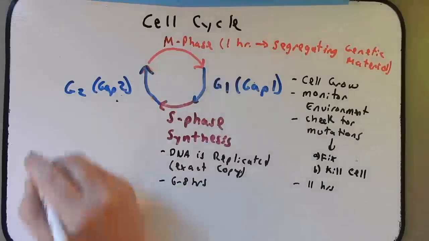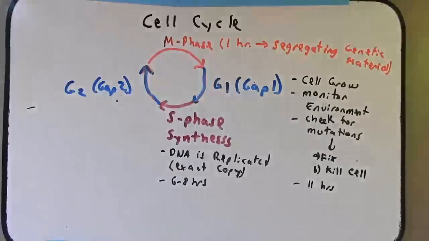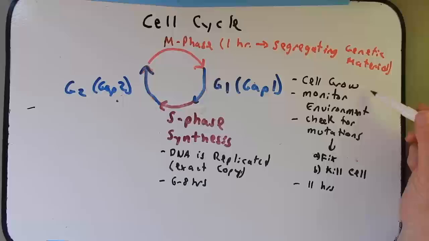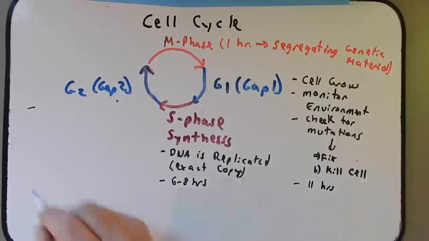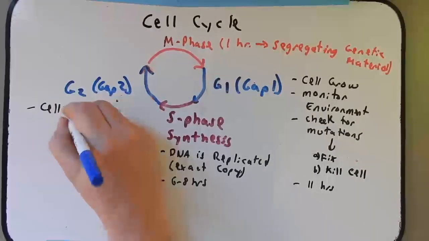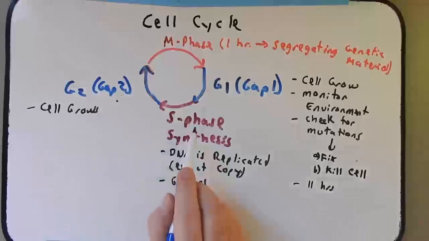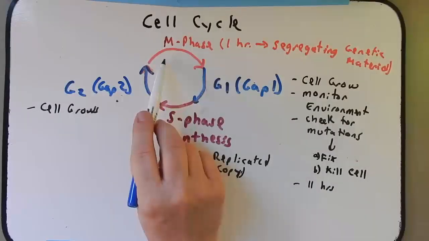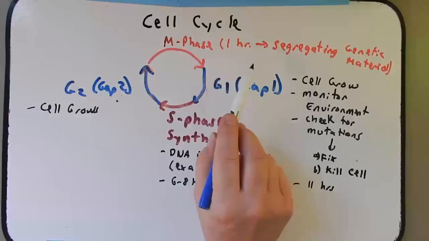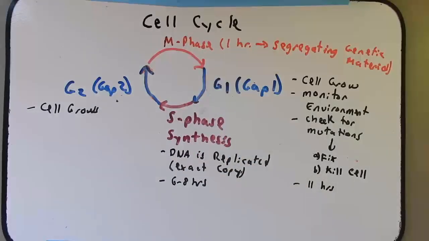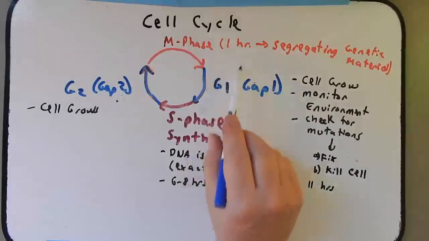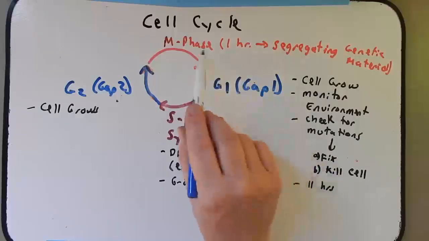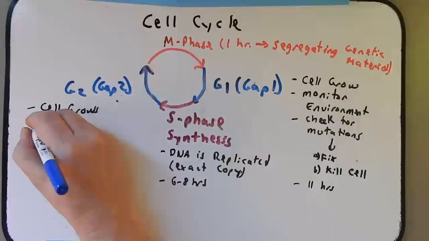So let's talk a little bit about G2, our second gap. It pretty much does the same thing that happens in gap 1. So let's repeat them. The cell grows. This is important because after you've copied the DNA, and as you enter M phase, you're committing to making two separate copies. So you need to make more of that cell membrane so that you can have two cells emerge from M phase that are about the same size.